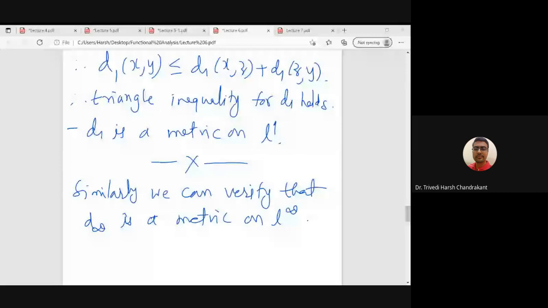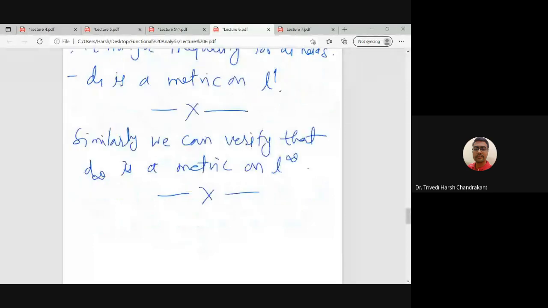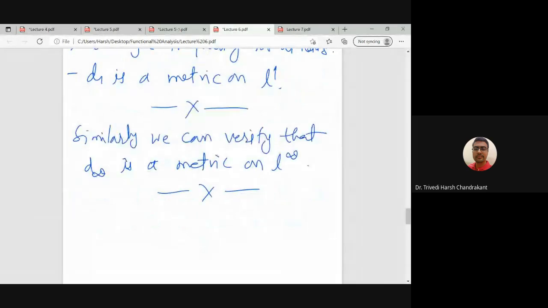Those things I'm leaving as an exercise, so you are supposed to do those things. There may be some questions in exams from that. For example, here I am leaving that d infinity is a metric on L infinity. In exam, I can ask why it is so.